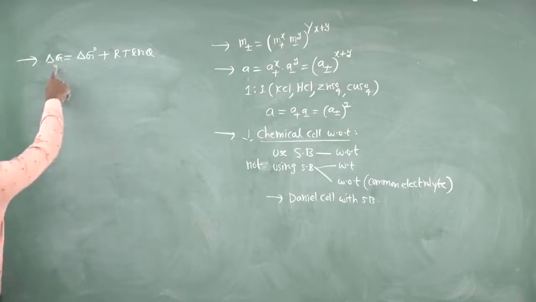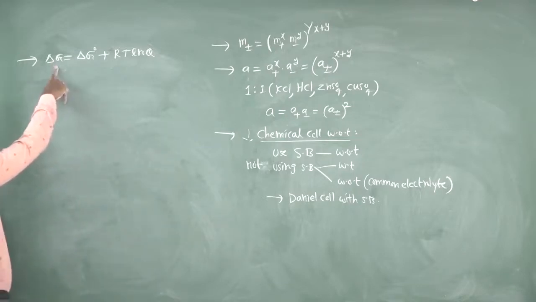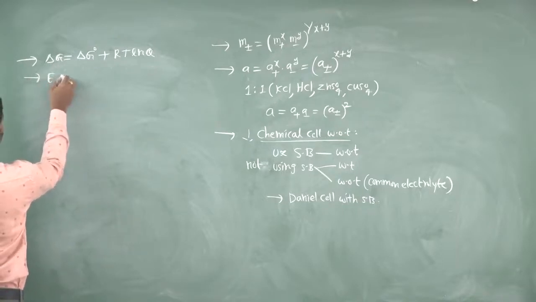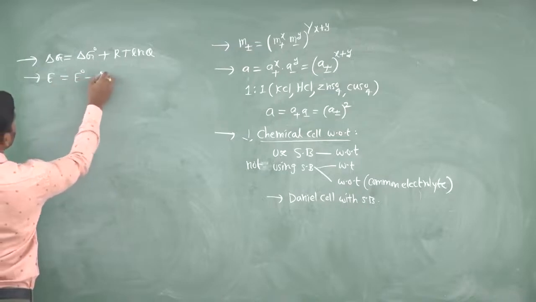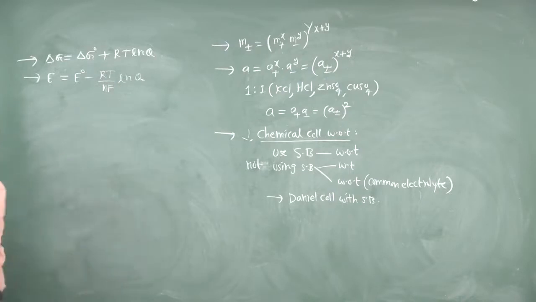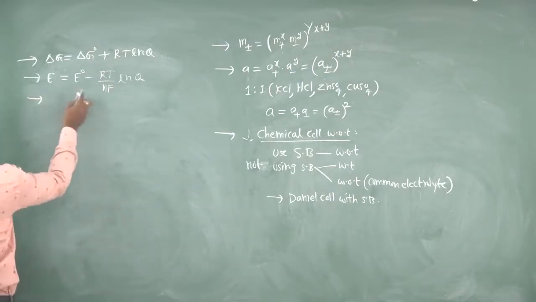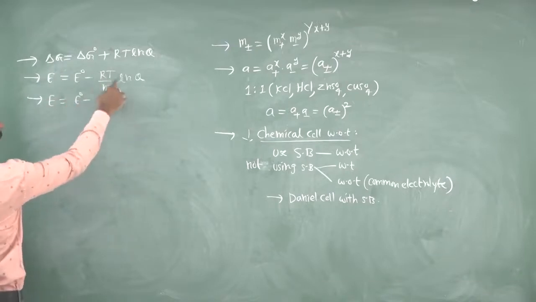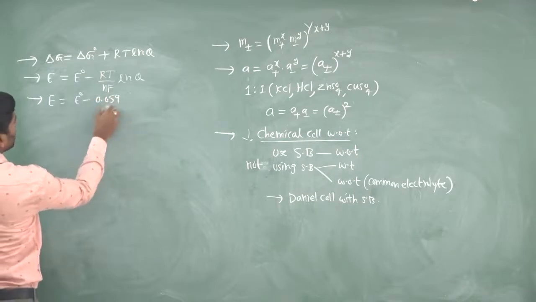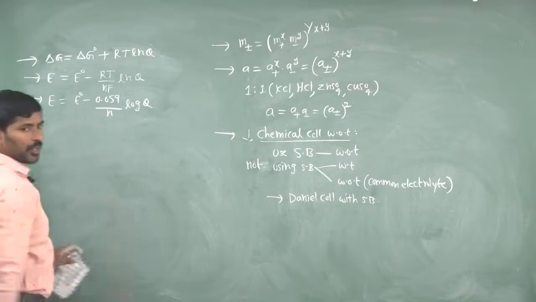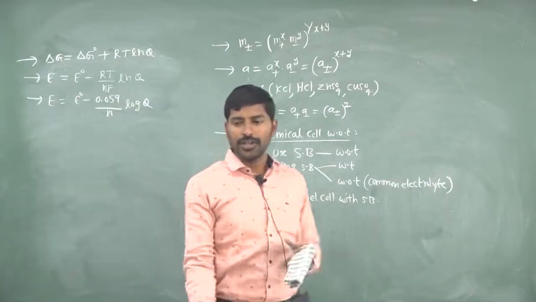If you apply the bridge equation between thermodynamics and electrochemistry, delta G is equal to minus nFE, we get the expression for E as E equals E0 minus RT by nF ln Q. Or at 25 degrees centigrade, we get 0.059 by n log Q, where n means the number of moles of electrons involved in the electrode reaction.